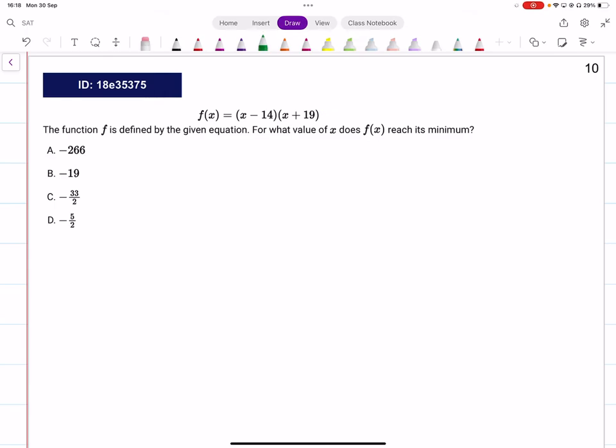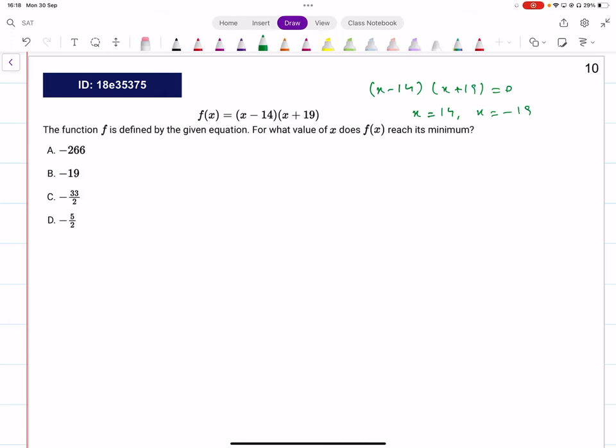What are the x-intercepts of this function? X minus 14 and x plus 19 equal to 0. What are the x-intercepts? X equals 14 and x equals minus 19. Turning point is always in the middle of the two x-intercepts. Remember that?